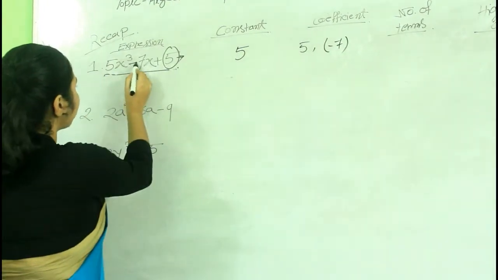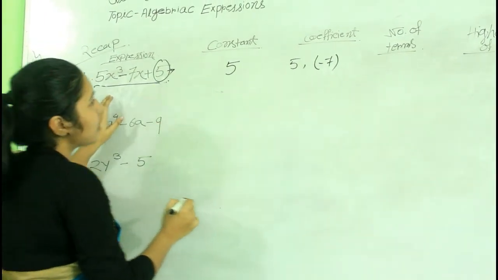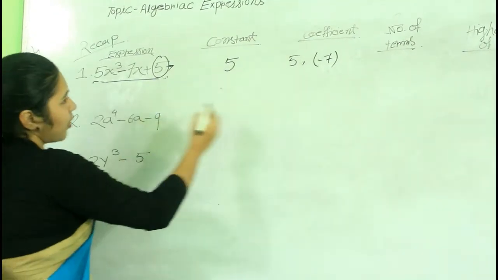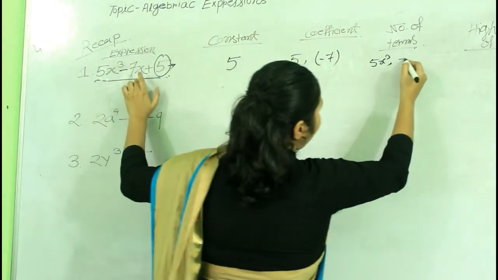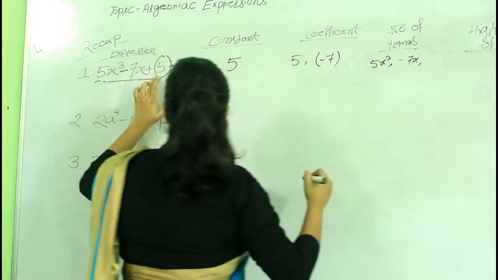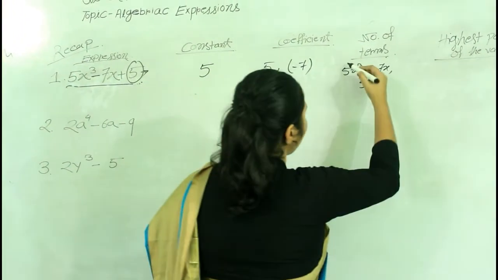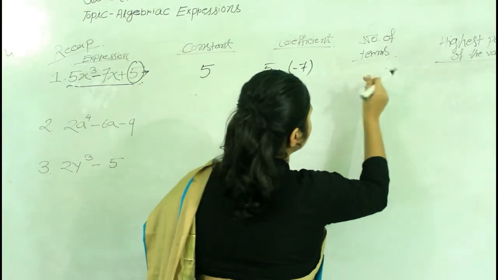Here we have to write the coefficient of x is minus 7. Now the number of terms of this expression. Here we have 5x cubed as the first term, the second term minus 7x, and the third term is 5, which means this expression has 3 terms. So write here 3.